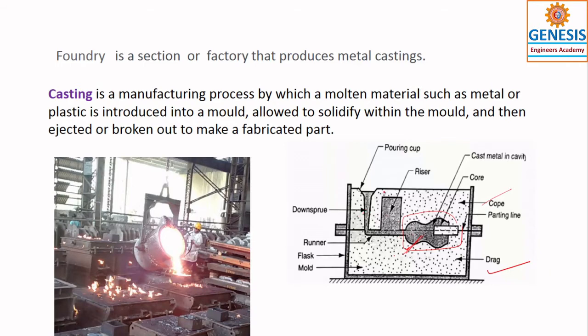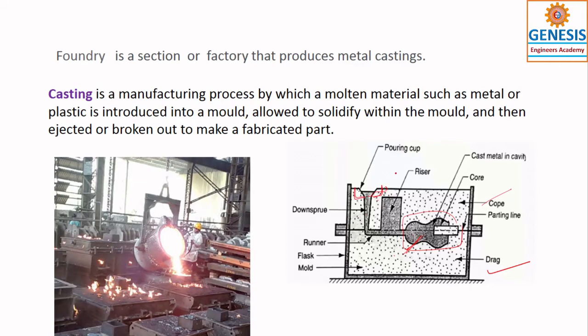The first one, used to pour the molten metal, we call the pouring basin. We can also make it like a rectangle, which is also called a pouring basin. That is to reduce the momentum of the liquid metal.